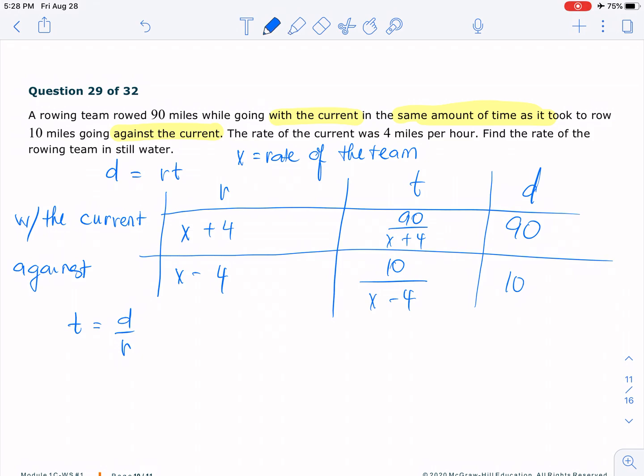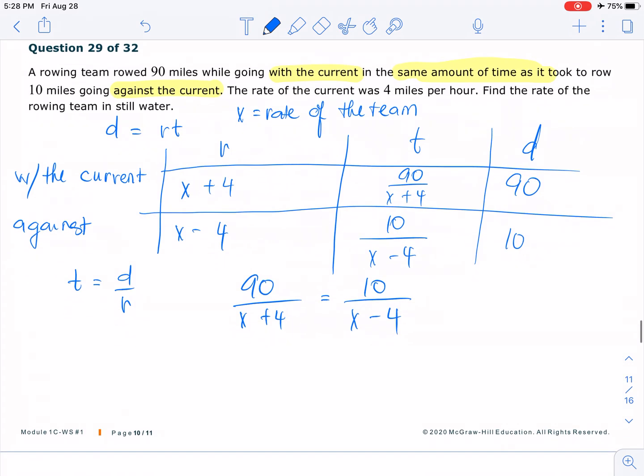So to set up the equation, I simply put the times equal to each other. Same amount of time. Then you can see that we can just simply cross multiply.